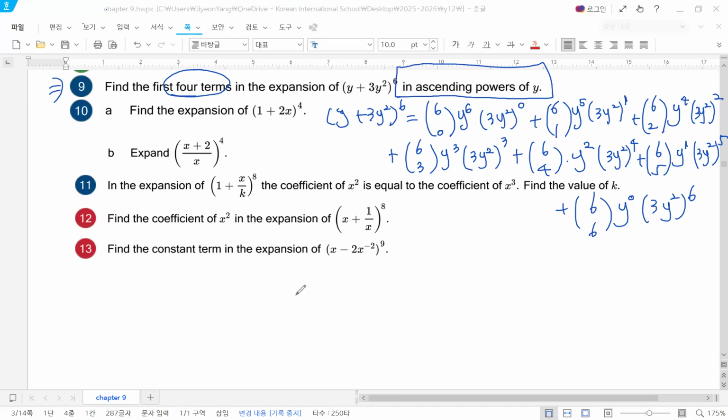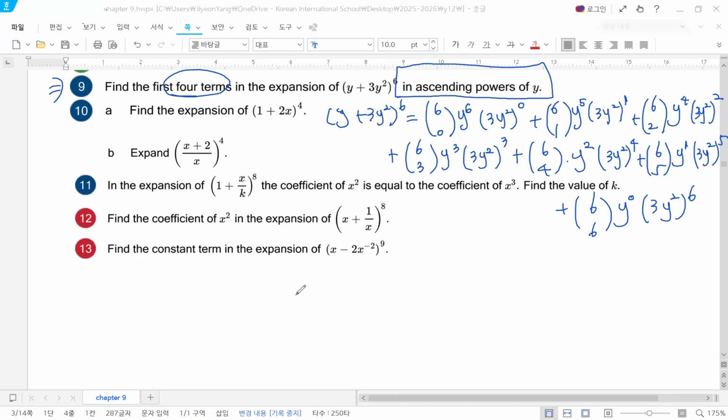Is it ascending or descending order? Ascending order. They ask you to find the first 4 terms in ascending order, so that's 1, 2, 3, and 4 terms.